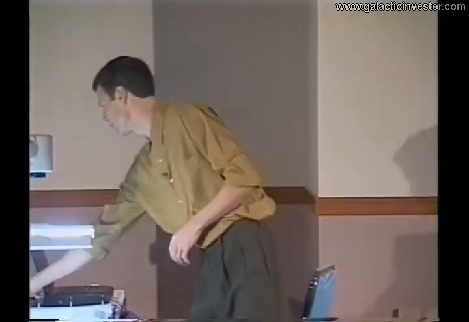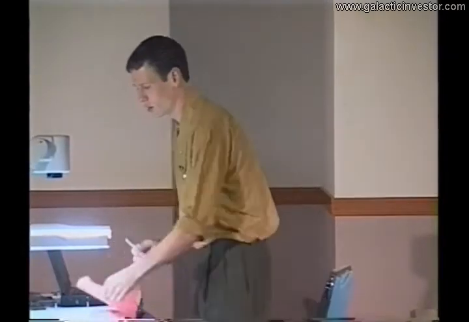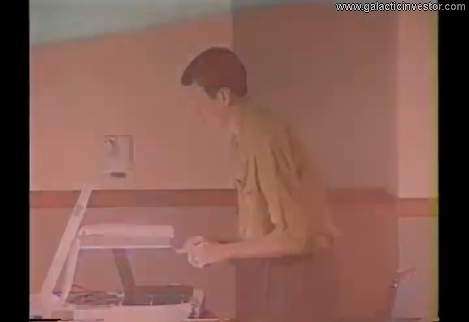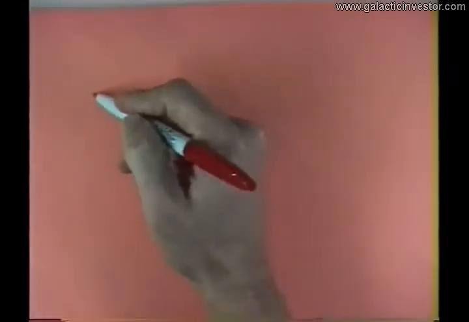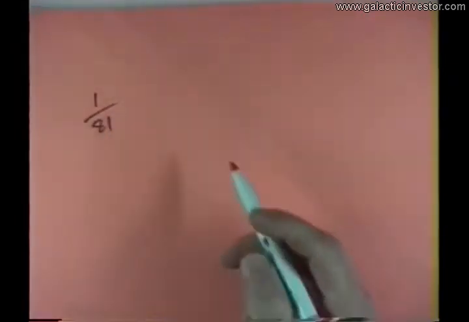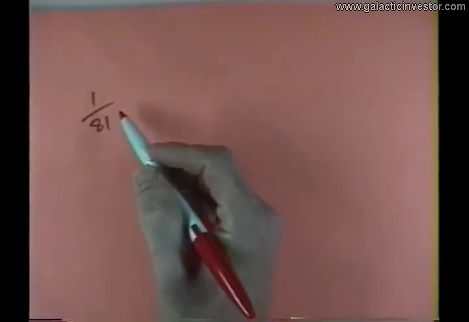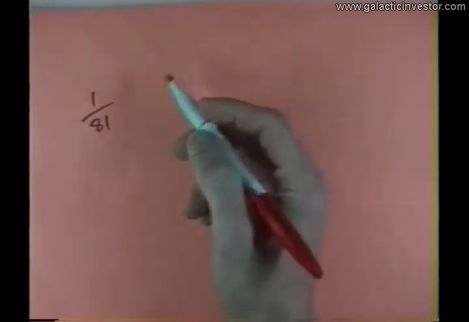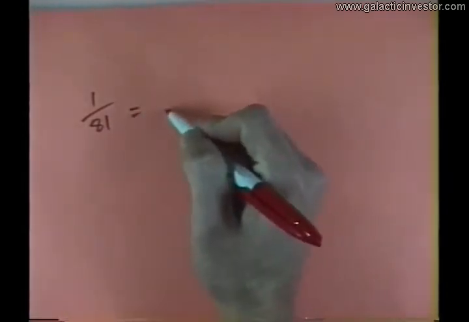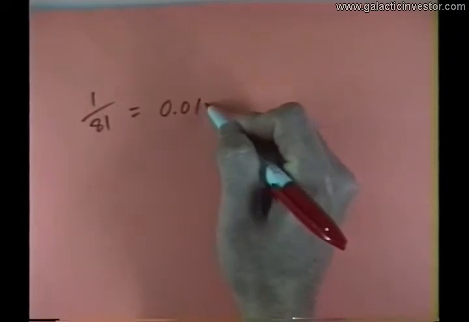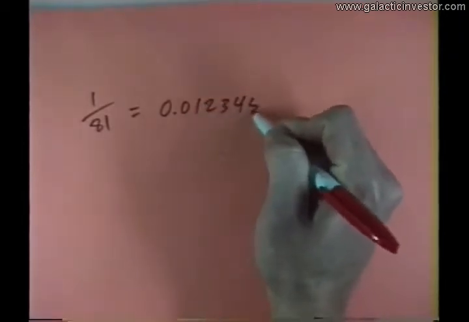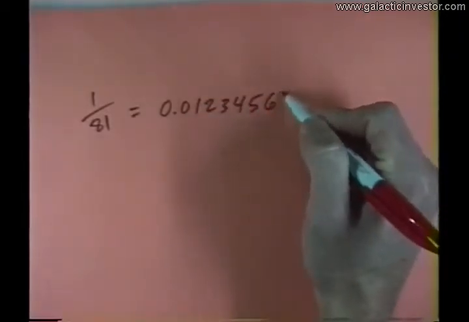And if you were to do 1 over 81, the reciprocal of 81, equals 0.01234567.